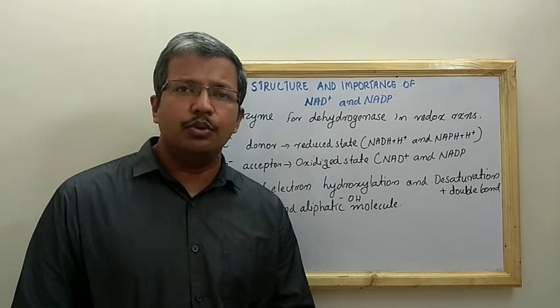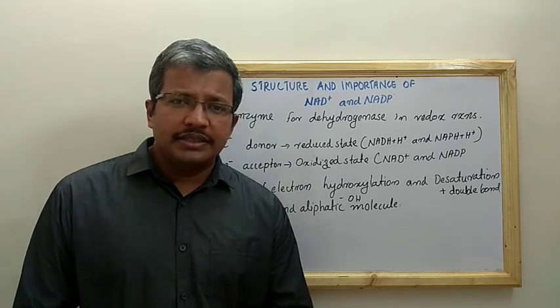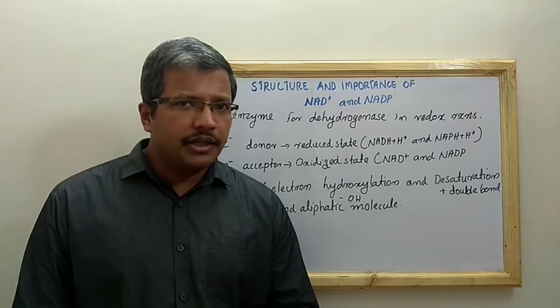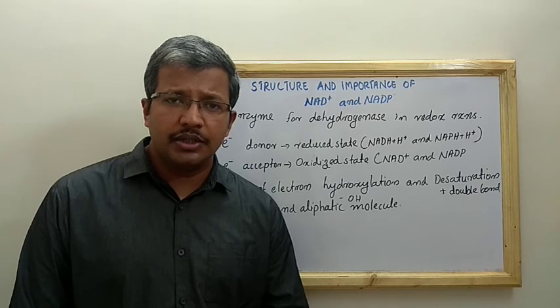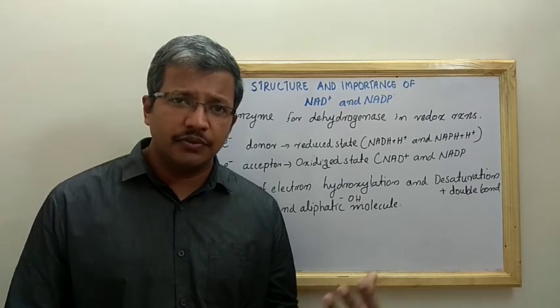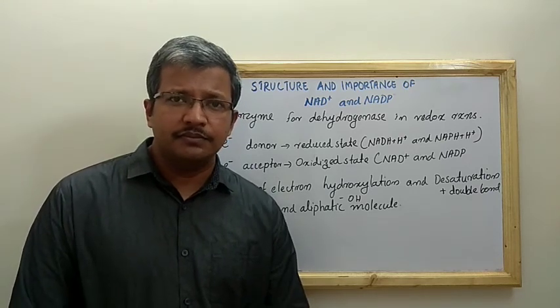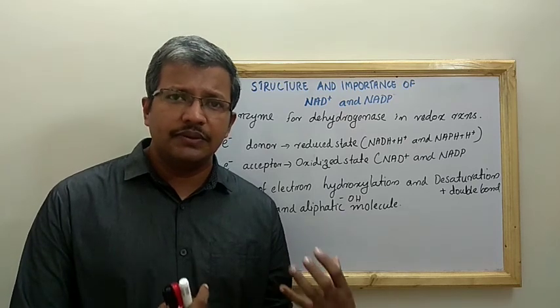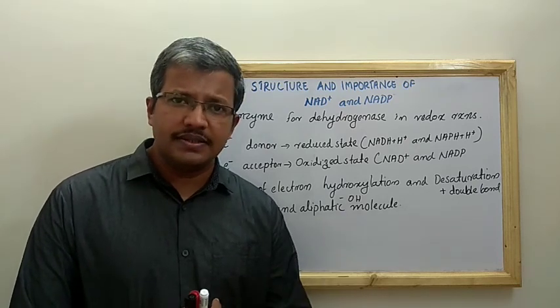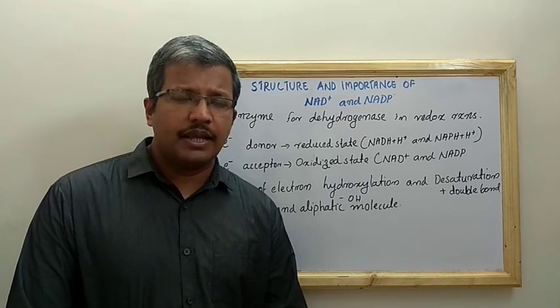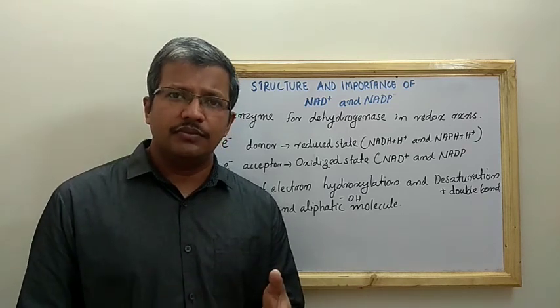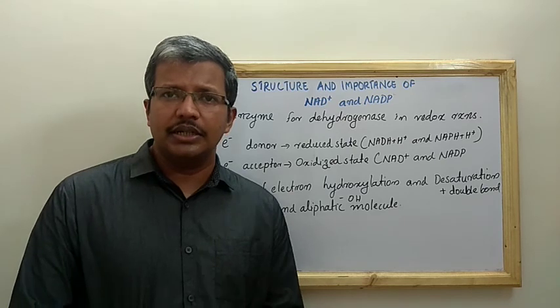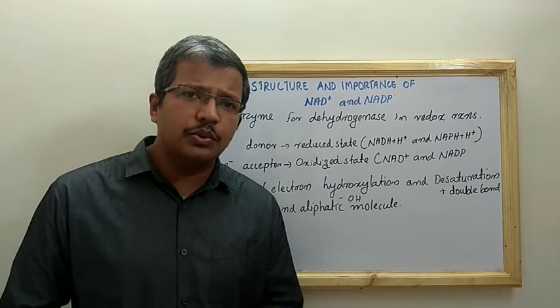NAD plus is composed of niacinamide nucleotide and adenine nucleotide linked together with a phosphoester bond. Niacinamide nucleotide is a derivative of the vitamin niacin, and the adenine is there in the adenine nucleotide. That way you have to explain.